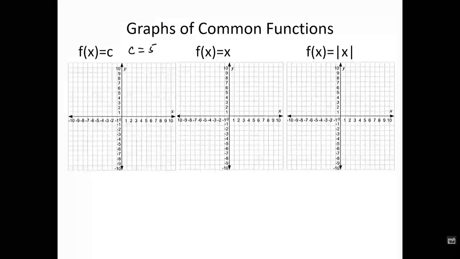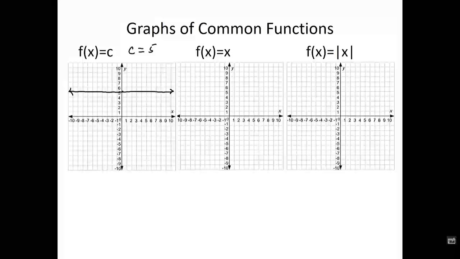At 5, it's going to be a horizontal line through 5. So this is the graph of the function f of x is equal to 5. Depending on c, it's the constant, so it's going to be a line through whatever the value of c is. In this case, c is 5. So that's the graph of f of x is equal to c, that horizontal line.